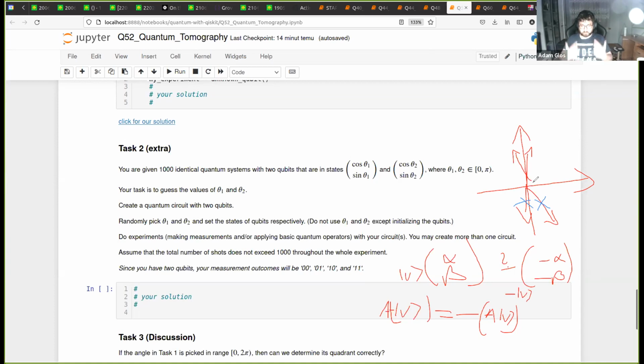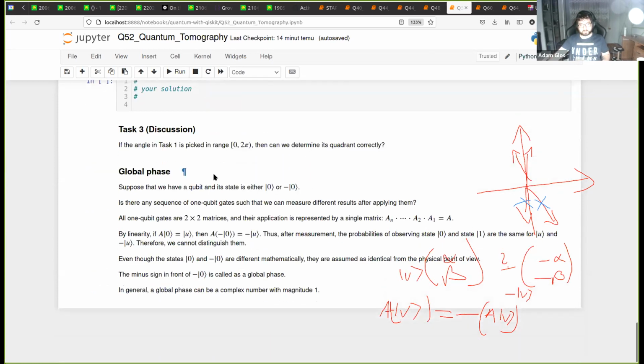But remember that this global phase is something more general than this tomography. It's always true that if you have states alpha, beta, and minus alpha, minus beta, the state will always be the same. And there is also a short explanation about global phase in here.